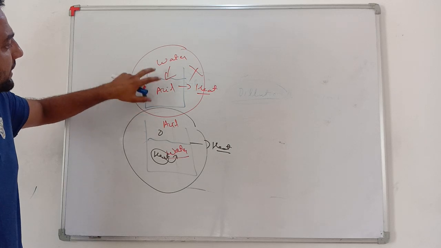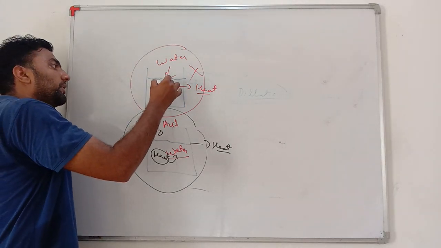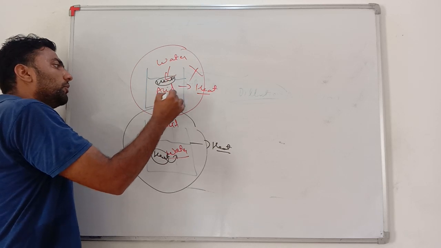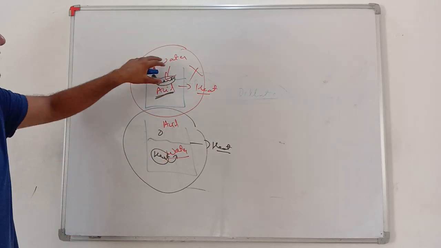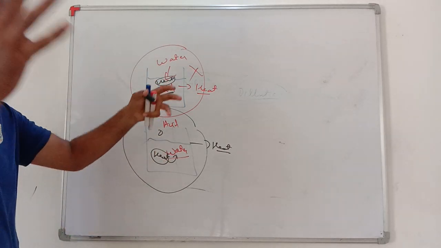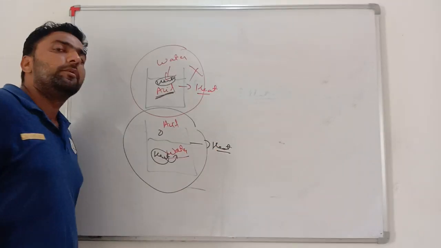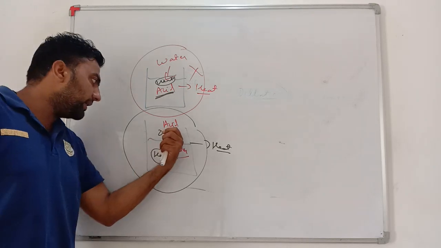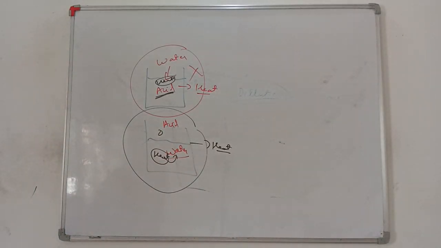But if it is acid and you add water into it, then all of a sudden a lot of heat will be released. Acid cannot absorb that much heat, and the water you are adding, that heat will make that water into vapor. All of a sudden expansion in vapor will be there and your test tube may break. So very important, you must add acid drop by drop into water, not water into acid.